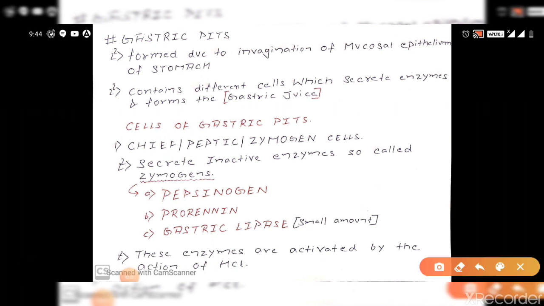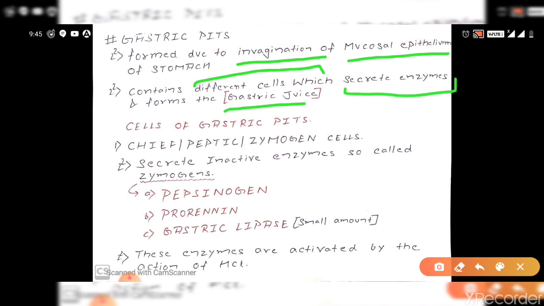Gastric pits are formed by invagination of the mucosal epithelium.